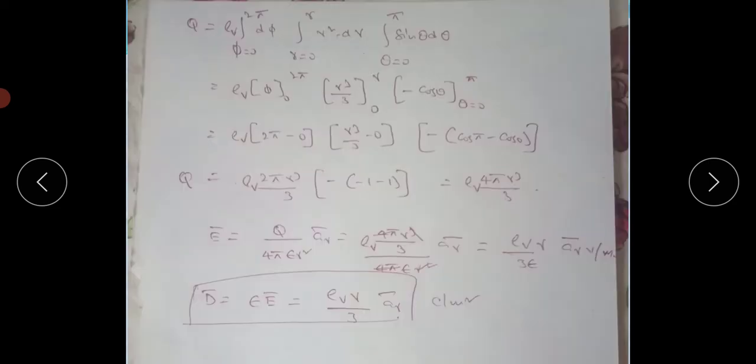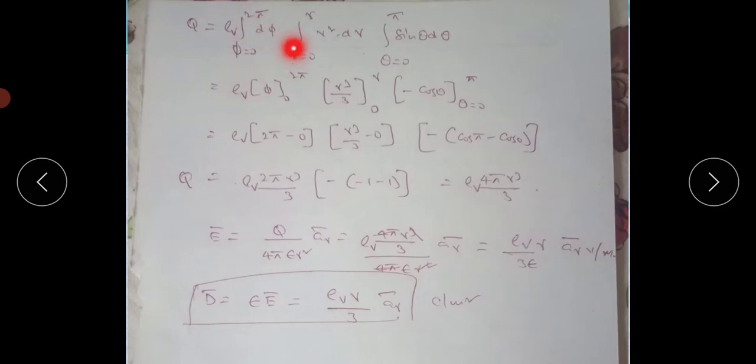But in this case we have to find the electric field intensity and electric flux density inside. In the Gaussian surface, some charge is enclosed, and that charge only we have to consider. So r varies from 0 to r, theta varies from 0 to pi, phi varies from 0 to 2 pi, r square sin theta dr d theta d phi. So Q equals rho v, a constant value, taken outside: rho v integral phi equals 0 to 2 pi d phi, r equals 0 to r, r square dr, theta equals 0 to pi, sin theta d theta.